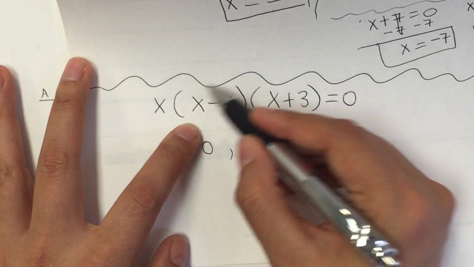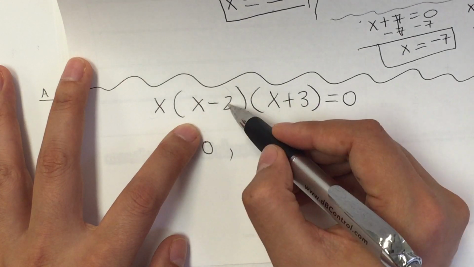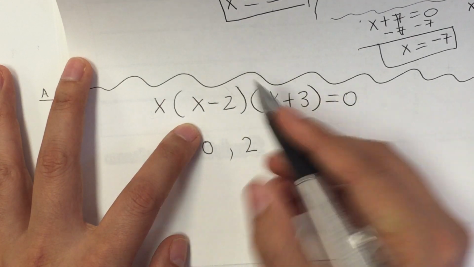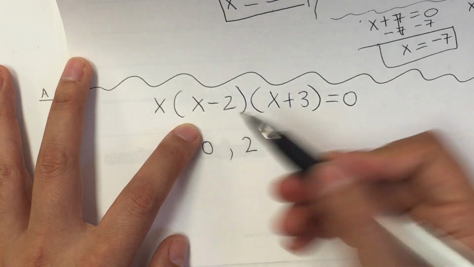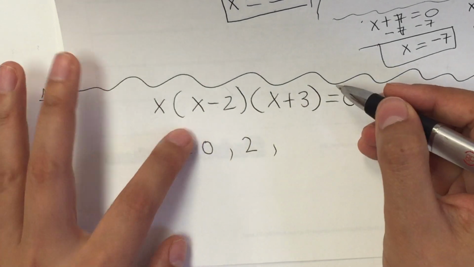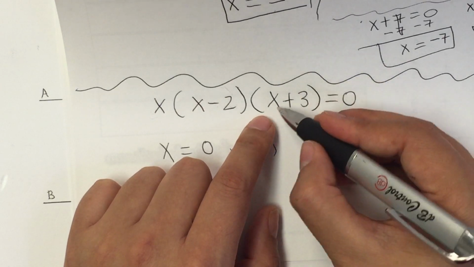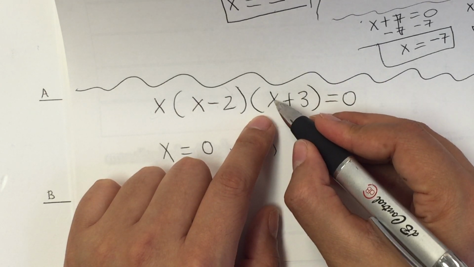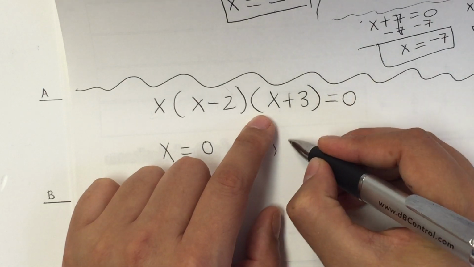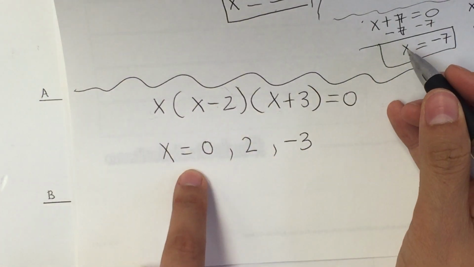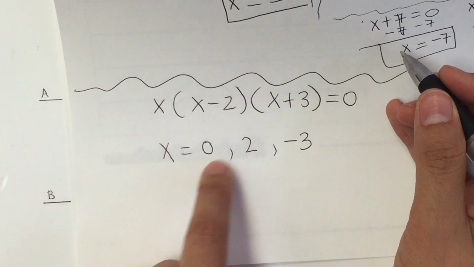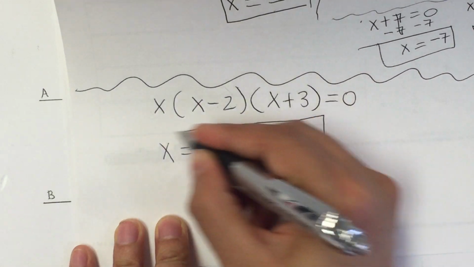For this factor to be 0, the opposite of negative 2 is 2, and that way 2 minus 2 is 0, so that makes it work. And then to make this equals to 0, all you have to do is just the opposite of 3, so it's negative 3. So now we have 3 factors, and therefore we have 3 different answers.